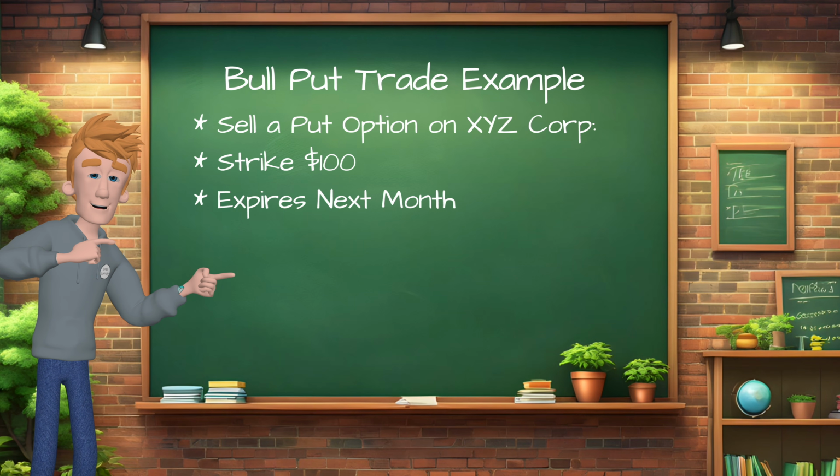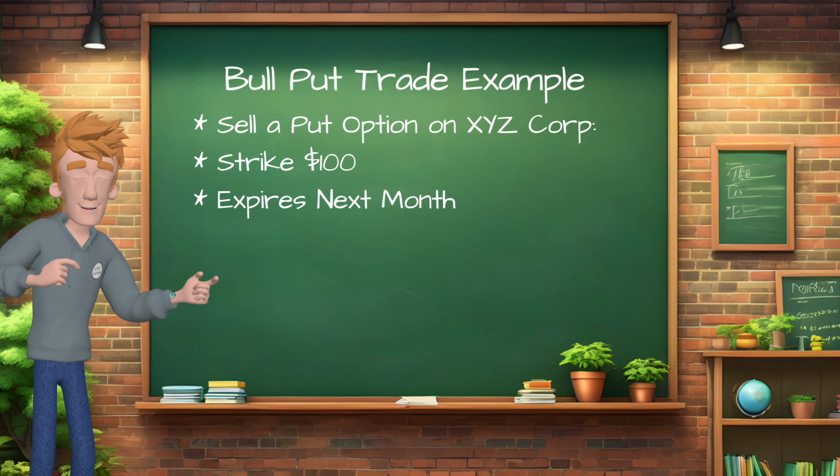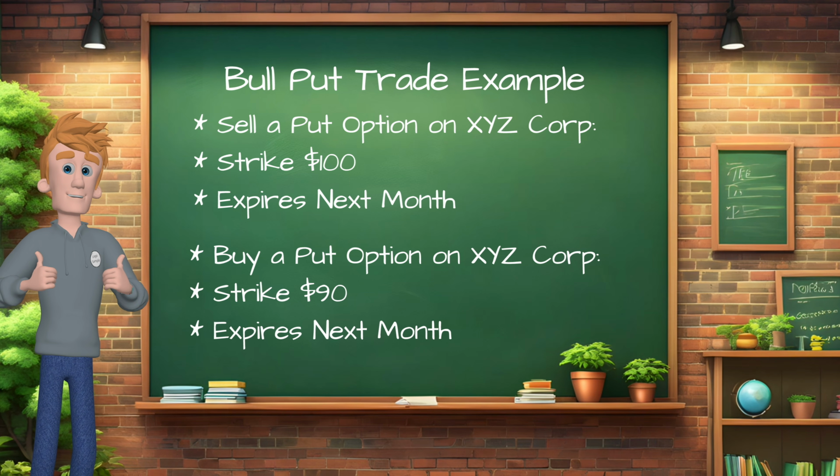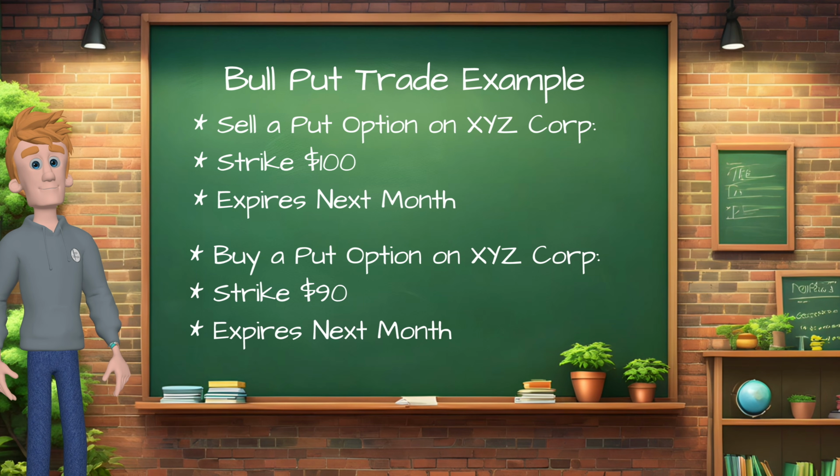Well, you might sell the $100 strike put expiring next month. And then when you complete the trade, you'll buy the lower strike, let's say the $90 strike put, also expiring on the same date. The reason you buy the lower strike is for insurance, and it keeps the brokerage happy. And in return, they won't hold nearly as much margin hostage than if you sold a put option alone.